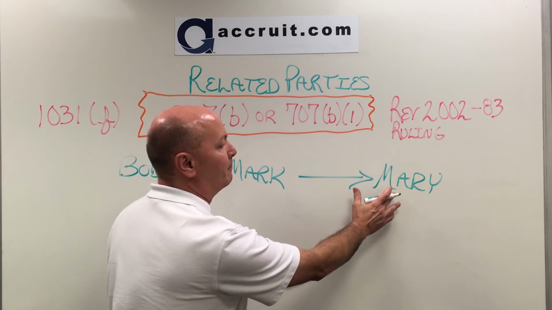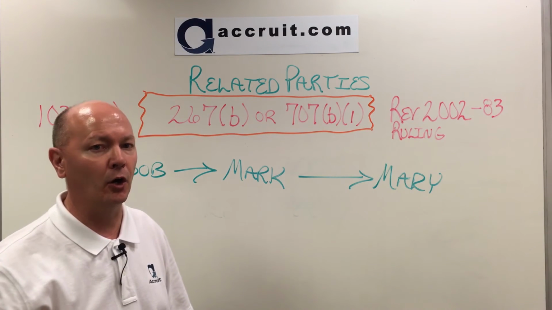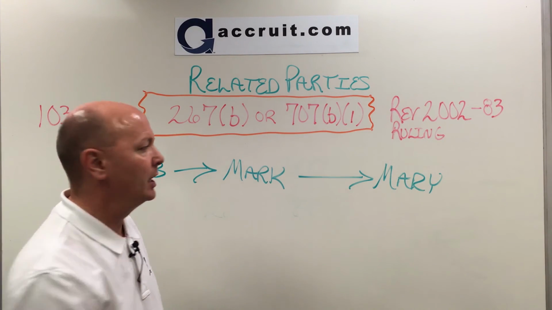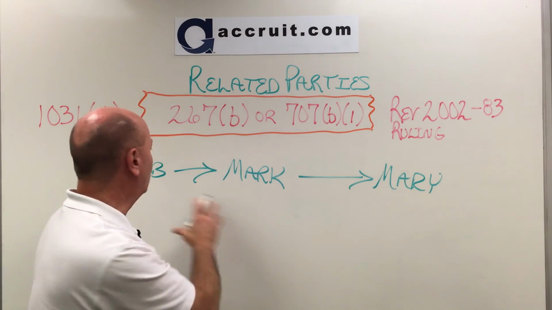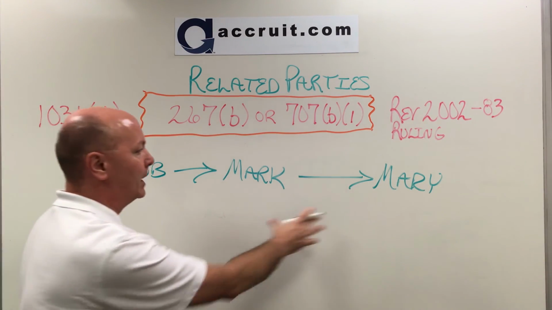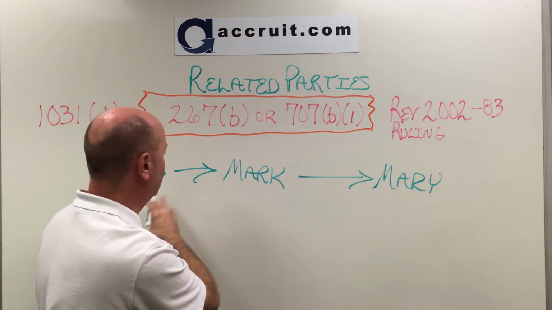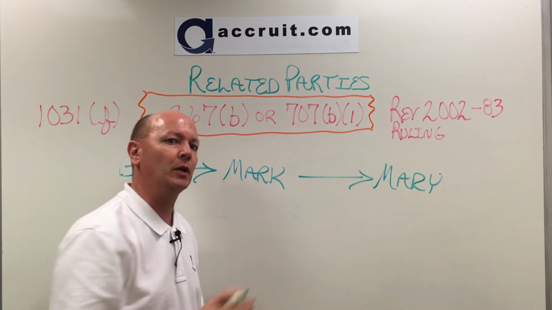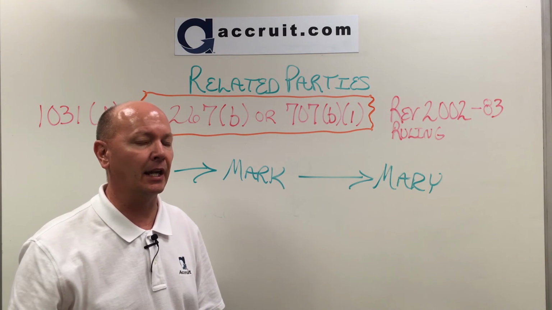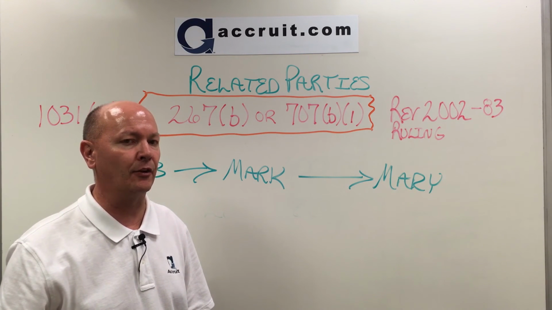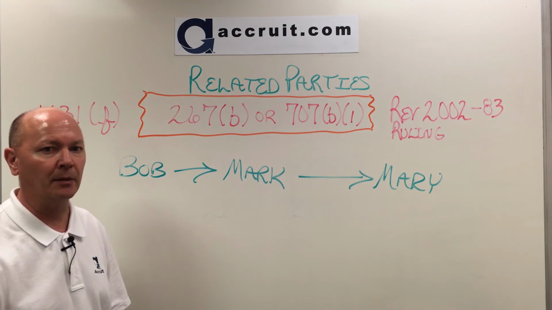For example, if Mary in turn does her own 1031 exchange and isn't cashing out, then Mary may be able to assist Bob in selling her property to him as long as she's doing her own 1031 exchange. But generally speaking, not a good idea to complete a 1031 with a related party.